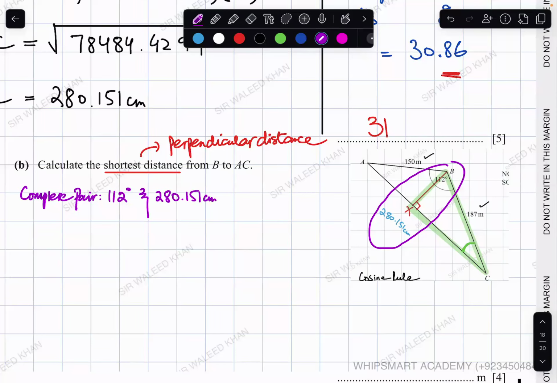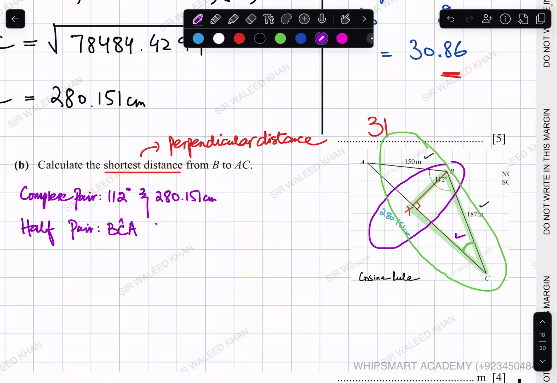This is the complete pair. Half pair will be this angle and the opposite side to that, so this angle and this side, 150. So we have half pair as BCA, which is not given, so we have to find it, and the opposite side 150.